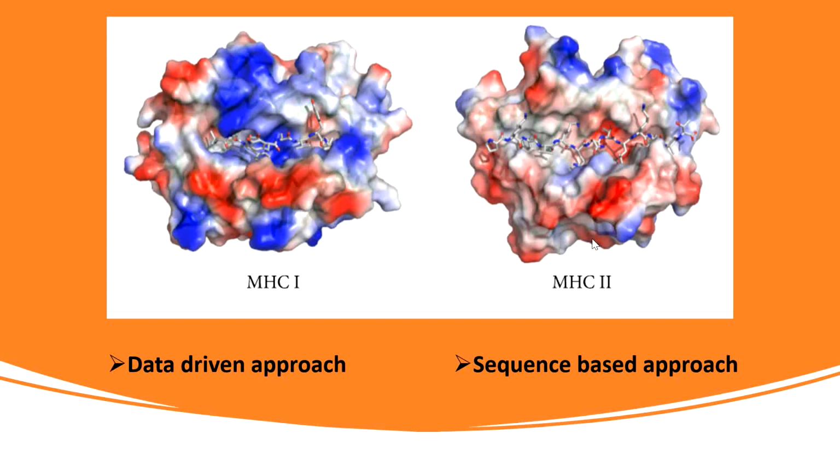Data driven methods for predicting peptide MHC binding are based on peptide sequences that are known to bind to MHC molecules. These peptide sequences are generally available in specialized epitope databases, like IEDB, the Immune Epitope Database, and APMHC.